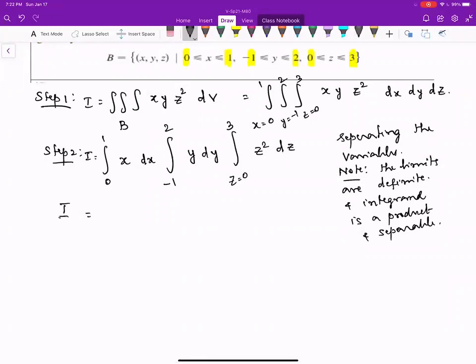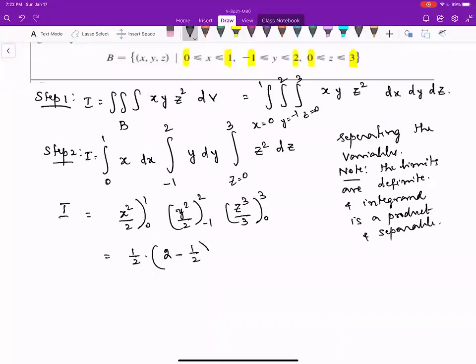The first integral of x is x square over 2 between 0 and 1. The second one is y square over 2 between -1 and 2. The third one is z cube over 3 between 0 and 3. So the first one is 1/2. The second one is 4 over 2, that will be a 2, then you'll have minus of -1 square over 2, which is 1 over 2.